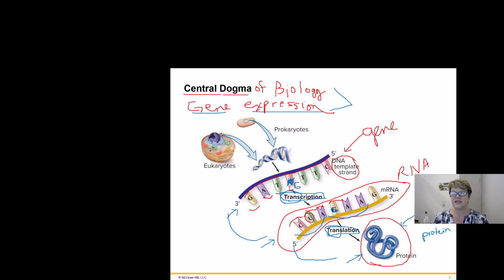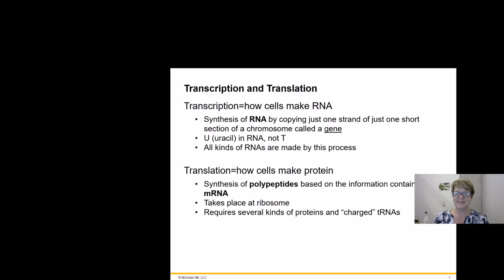I didn't pick the name. So we want to think of transcription as how cells make RNA, and translation as how cells make protein. In gene expression, you have transcription first and then translation, so it's a sequence, one and then the next.